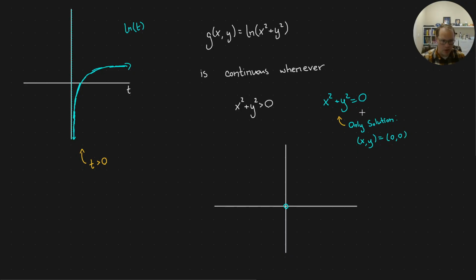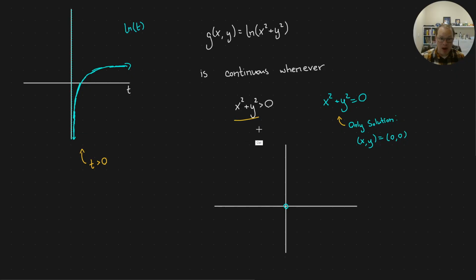Now that's the boundary. That's where it equals 0. And we don't want to include the boundary. So this point is not in the domain. But for every other xy point other than 0, 0, this inequality will be true, right? Because I'm taking something squared and adding it to something squared. So something non-negative plus something non-negative will result in something non-negative.